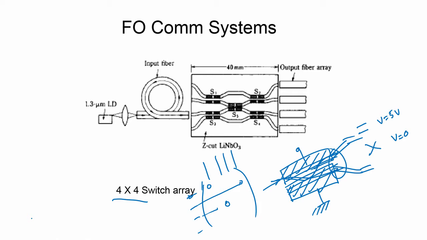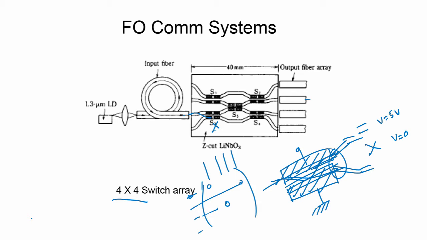We would like to send the power from the third port to some port. For example, I would like to send the signal from the third port to the second port. So, what I do, I can switch, I can put this in the crossover state, so that light coming at this will go into this port.